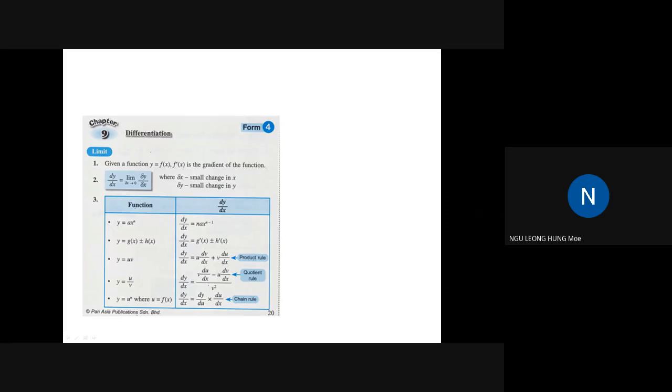Differentiation. If UV, that means y equal to, let's say, 10, and then s 2s plus y 5. This kind of question, you do y equal to uv. If just s squared, this kind of question, no need, you can expand it times 3.